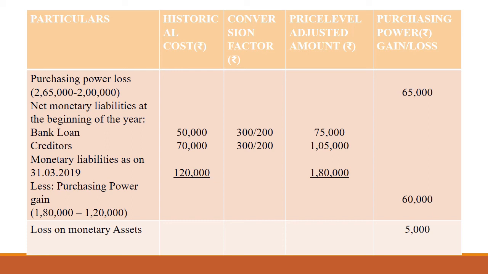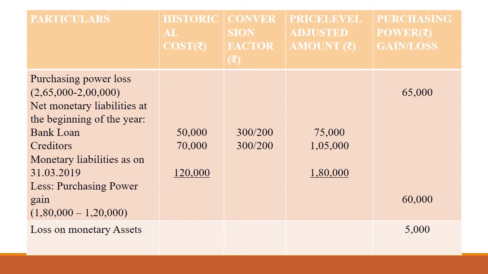Net monetary liability at the beginning of the year, bank loan is given 50,000, that is at the opening. Therefore, opening index is valued. It becomes 75,000, and creditors 70,000. We have said creditors and debtors are remaining unchanged. Therefore, opening is taken, 1,05,000. The monetary liabilities as on 31 March 2019 amount to, totaling this, 1,20,000 and 1,80,000.